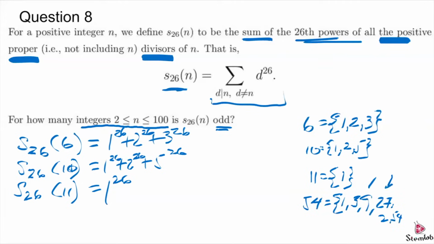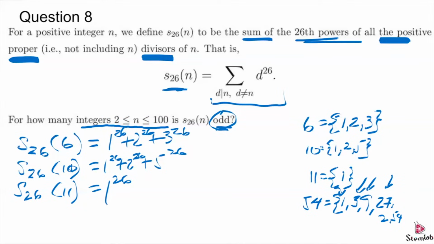Again, if you take an odd number to the 26th power, it's still going to be odd. If you take an even number to the 26th power, it will still be even. So the only way we get an odd sum is if there's an odd number of odd proper divisors. If you just apply that logic, the question becomes easy.